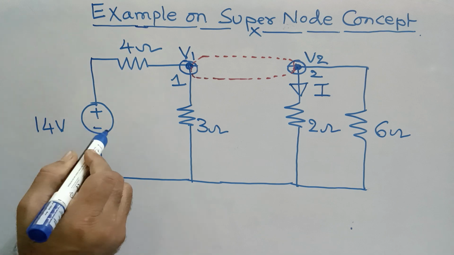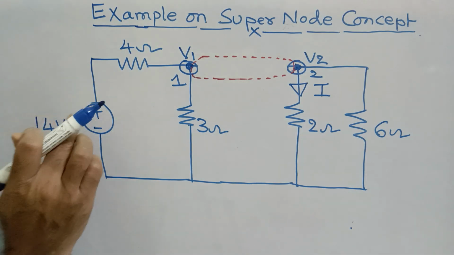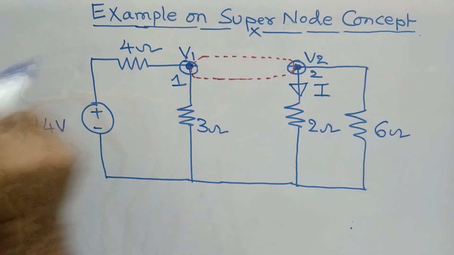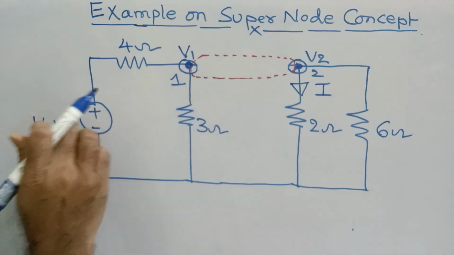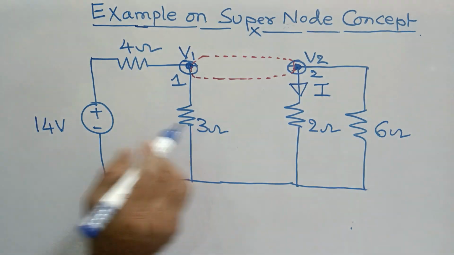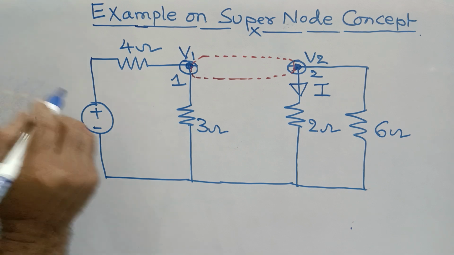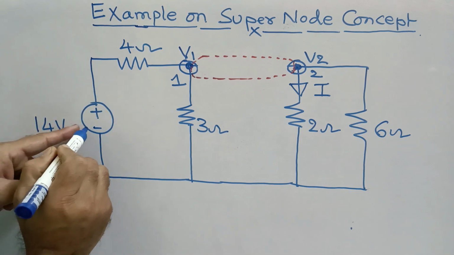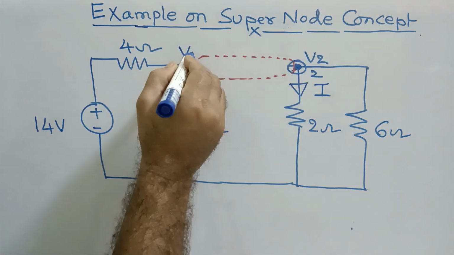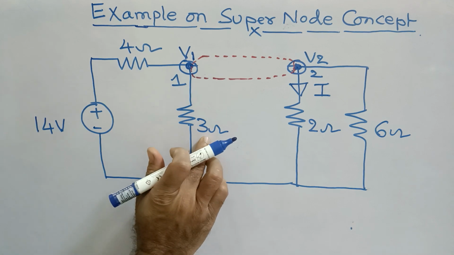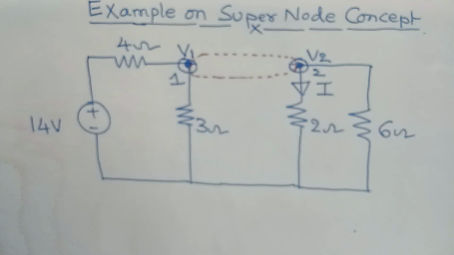If you compare this example with the previous one, in our previous presentation we had two current sources, whereas in this one we have a voltage source. With this voltage source we have a resistor and another resistor. With respect to V1 we have a 3 ohm resistor, with respect to V2 we have a 2 ohm resistor and then a 6 ohm resistor.